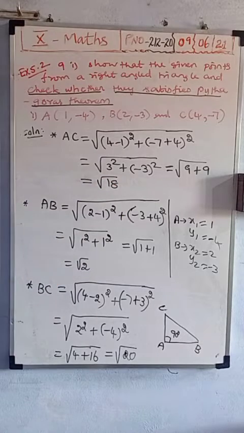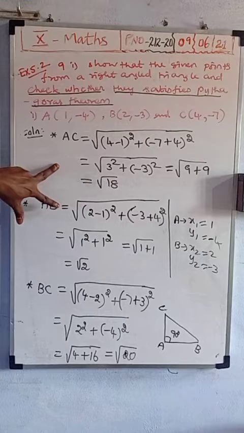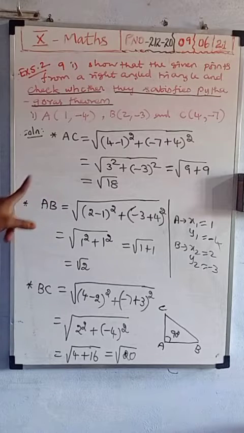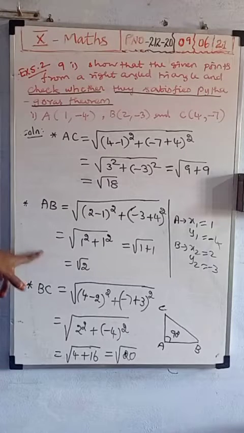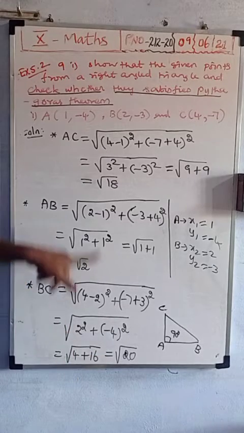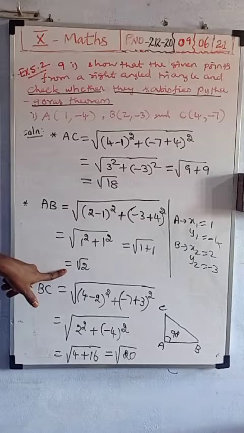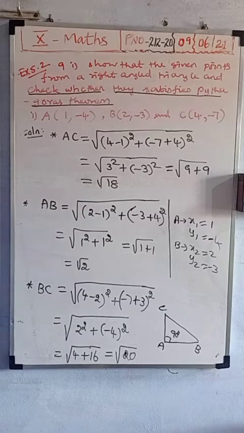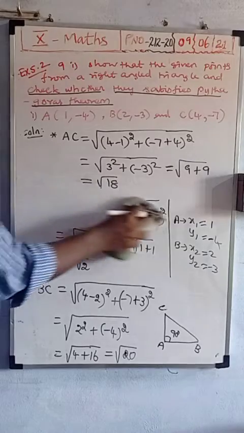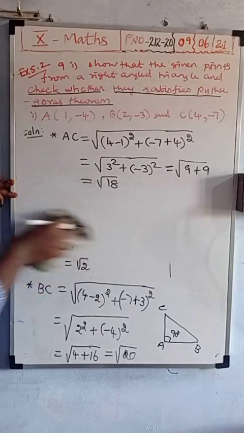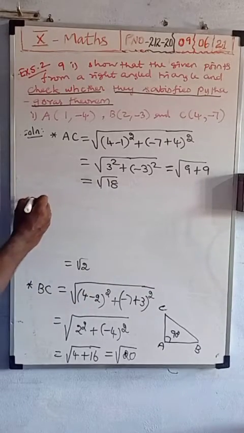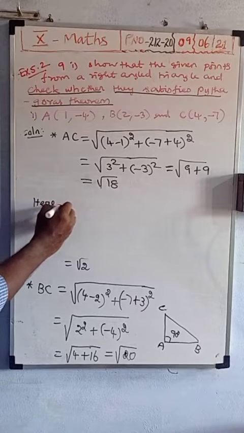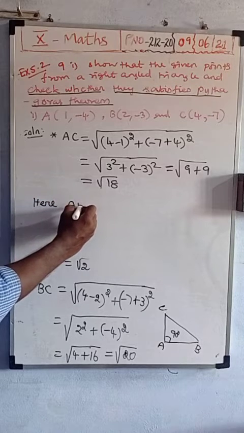Now you check: any two sides you should add. The square of the hypotenuse side is equal to the sum of the squares of the other two sides. Here root 20 is there, and here root 18 plus root 2. So these two you should add, we will get root 20. Therefore here you check, which one is first?